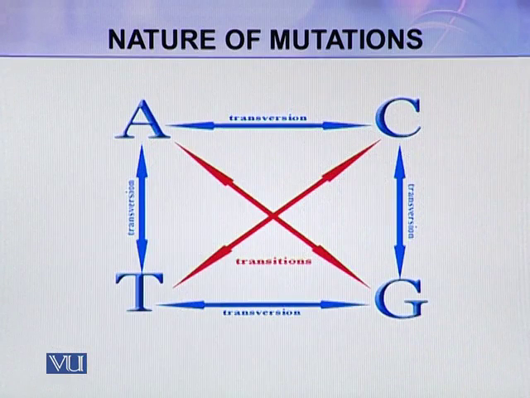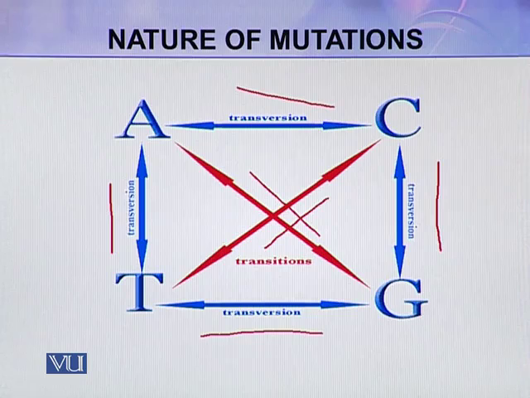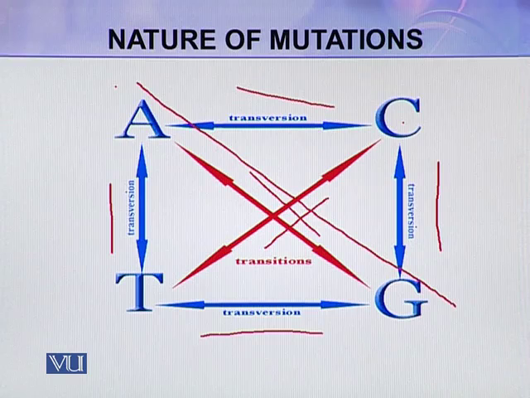Here in this picture you can see all the blue lines are transversions and all the red lines are transitions. So if T is substituted for C, this is a transition. If A is substituted for G, this is a transition.